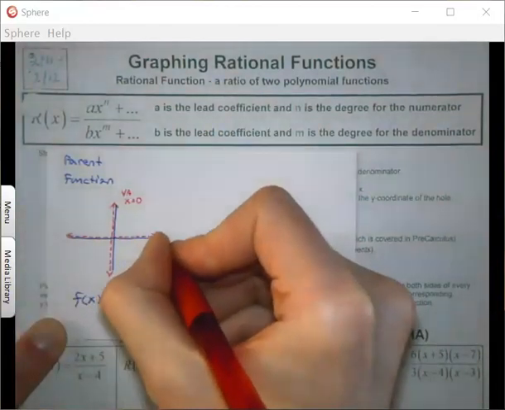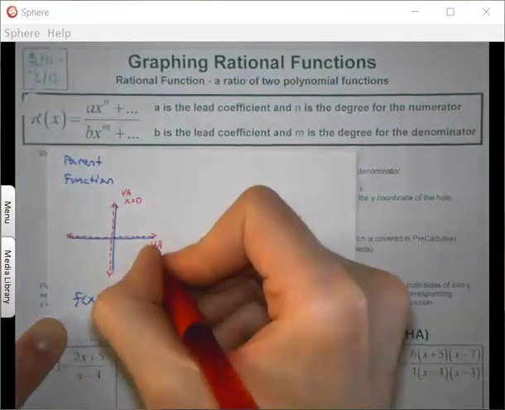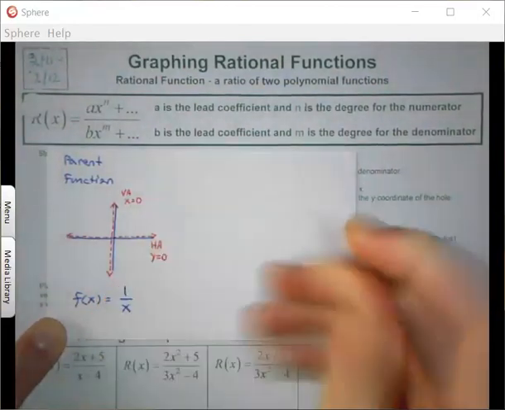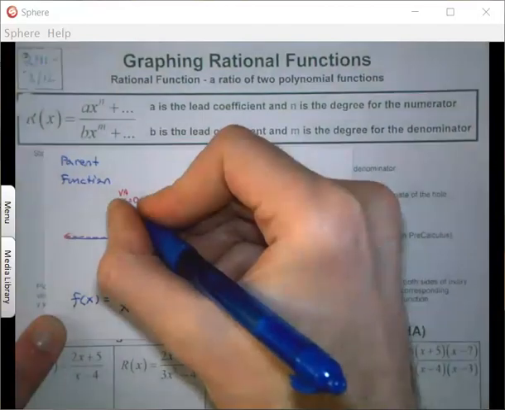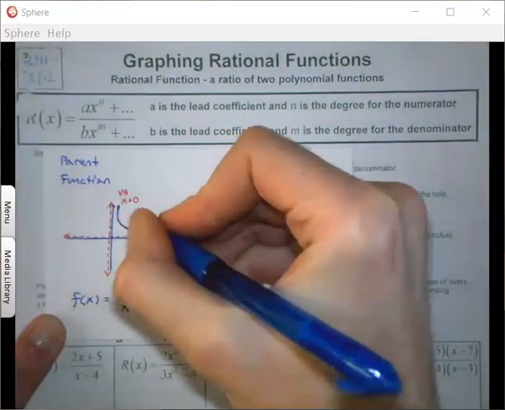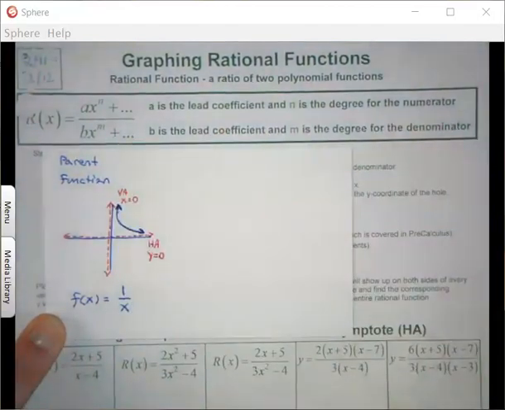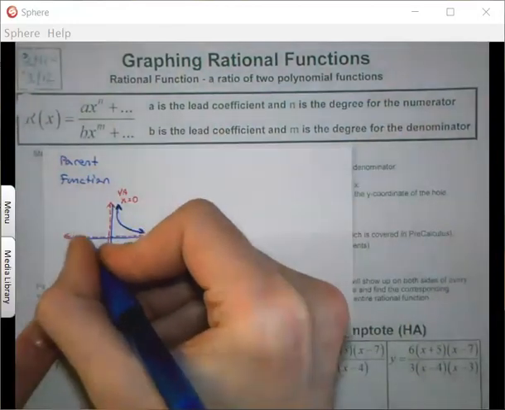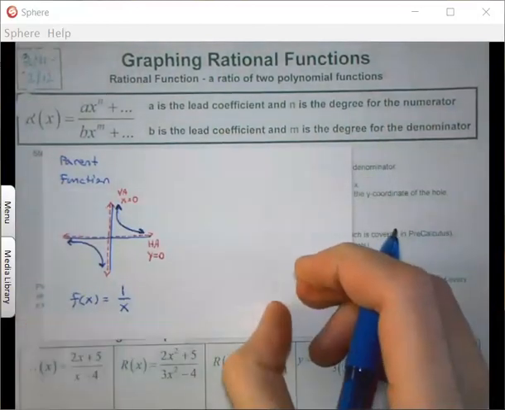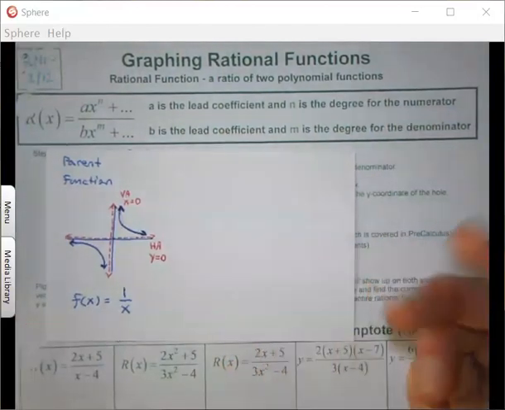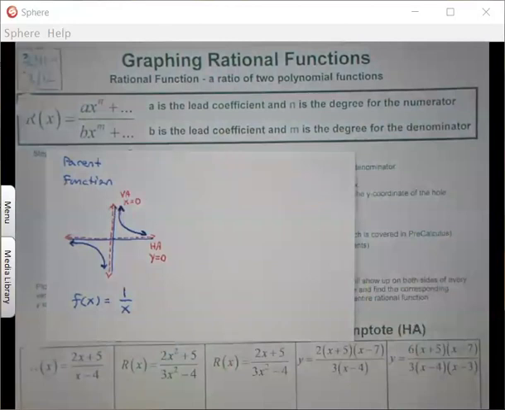So let's say HA, horizontal asymptote, at y equals 0. And then the function looks like this. So I have a curve here and a curve here. So remember, the curve approaches the asymptote.